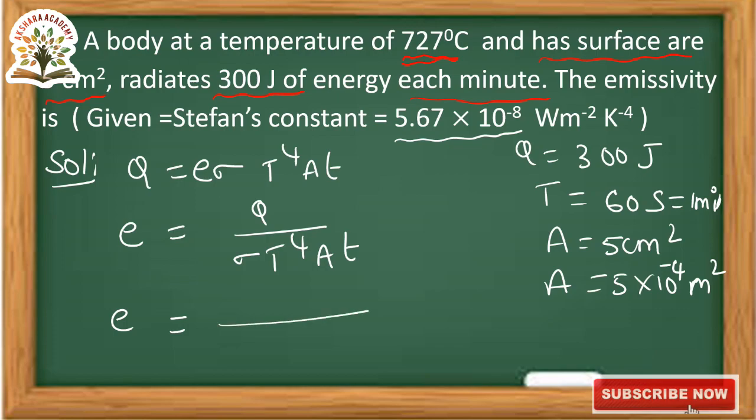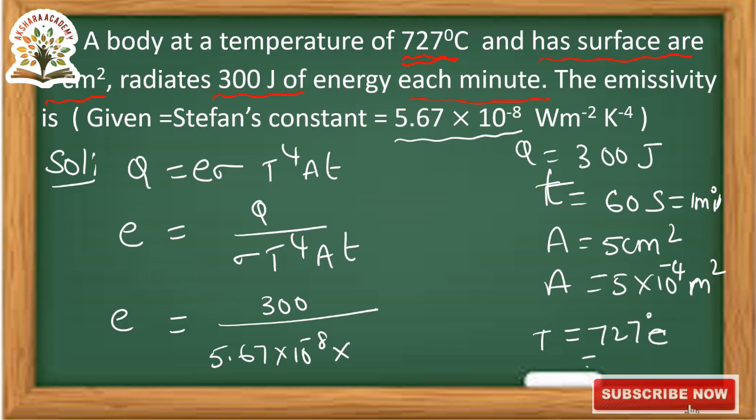E is equal to 300 by sigma value 5.67 into 10 to the power of minus 8, into temperature T. Here they have given 727 degree centigrade, converting into Kelvin by adding 273, it becomes 1000 Kelvin.